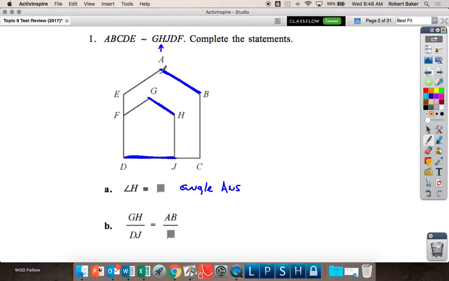So it's your job to figure out what is the basement of the big house. Or you can look at it as GH over DJ, and then AB over the third and fourth letters. Right? So you pick out what those are. That will happen quite a bit on your test, so make sure you know how to read a similarity statement.